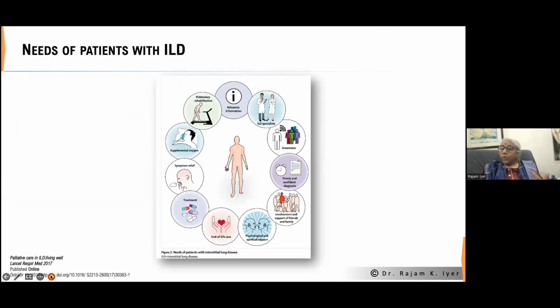It could be exposure to chemicals. It could be connective tissue diseases. It could be viral pneumonias like COVID was. So we really don't know. But the problem with this is that since this is a condition of unknown etiology, unfortunately, we don't know the treatment. So the treatment is mainly of symptoms, not of the etiology.